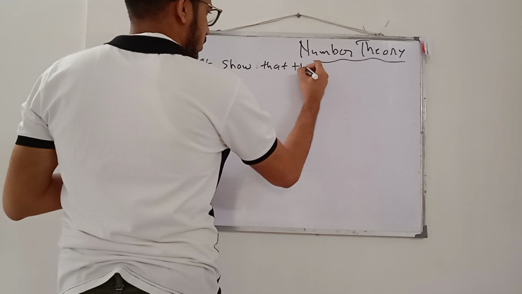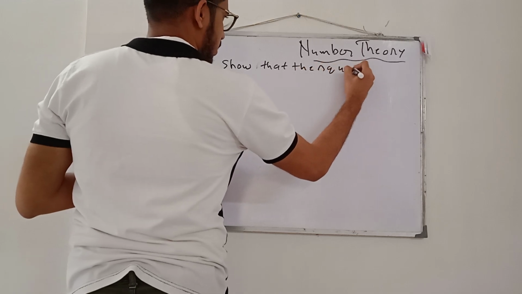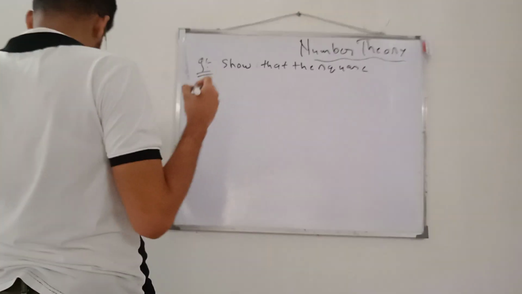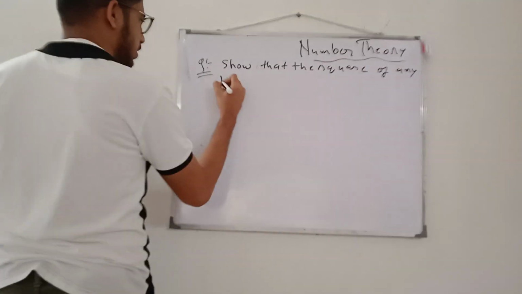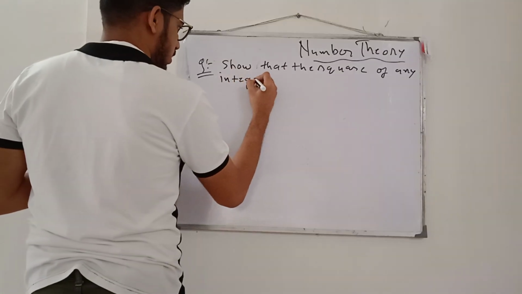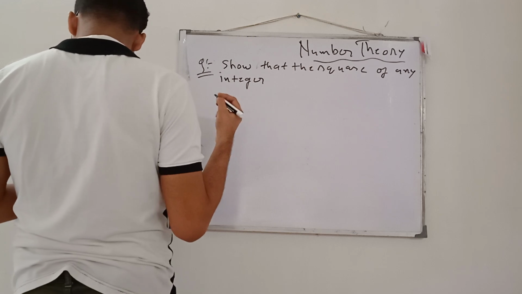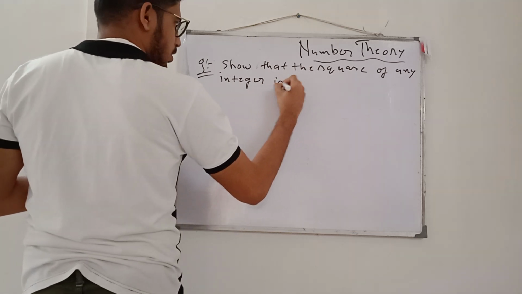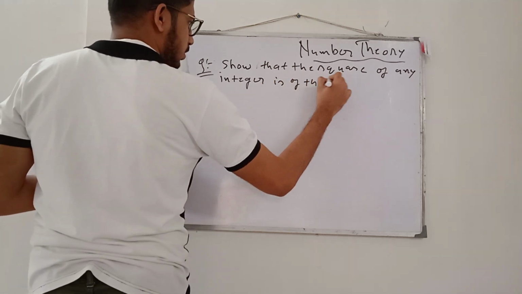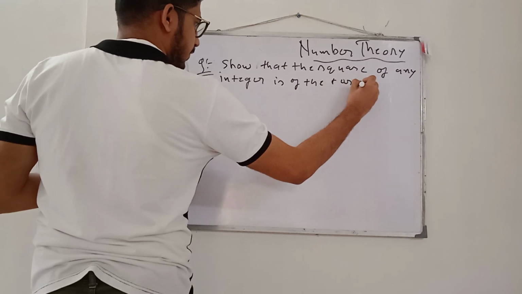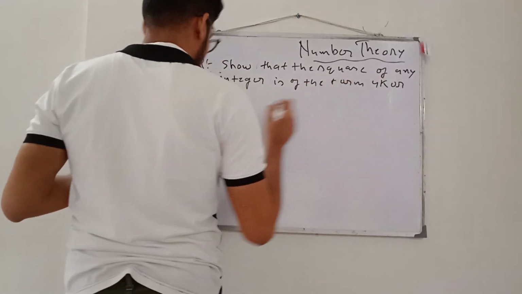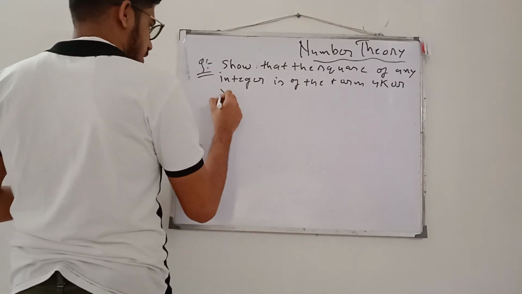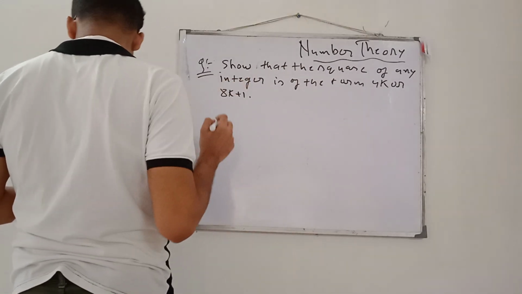Show that the square of any integer is of the form 4k or 8k plus 1. Done?